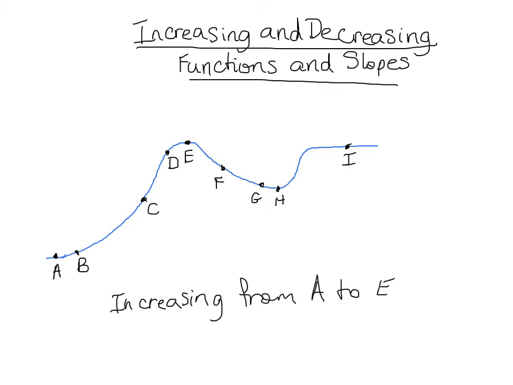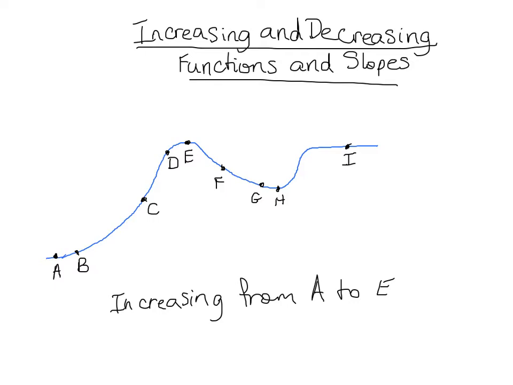Okay, but on the other hand, if we are asked where our function is decreasing, we can see that from E to F it's going down, to G and to H it's going down. So from E to H our function is decreasing. And that's pretty intuitive. It's exactly what we're seeing.